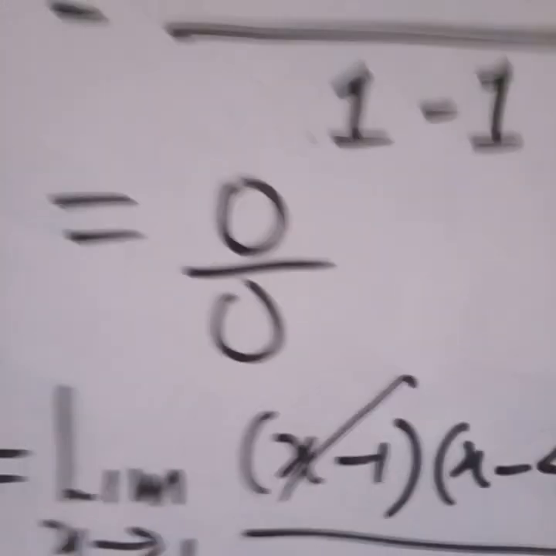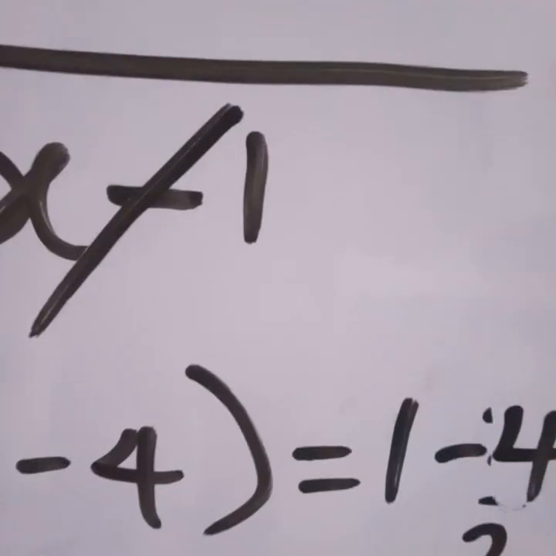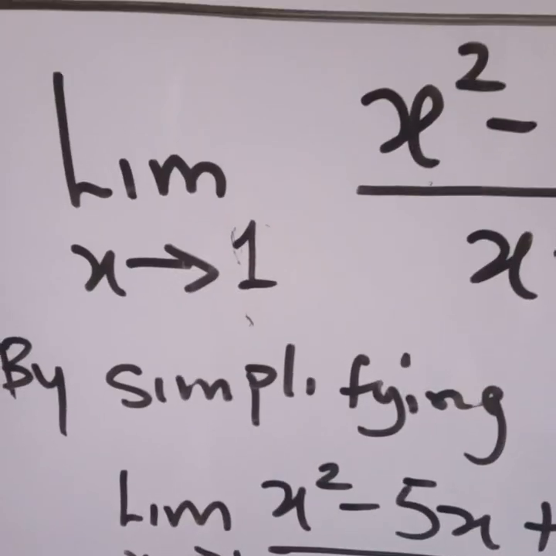So the limit of this function is not 0 over 0, it is negative 3, as seen here.